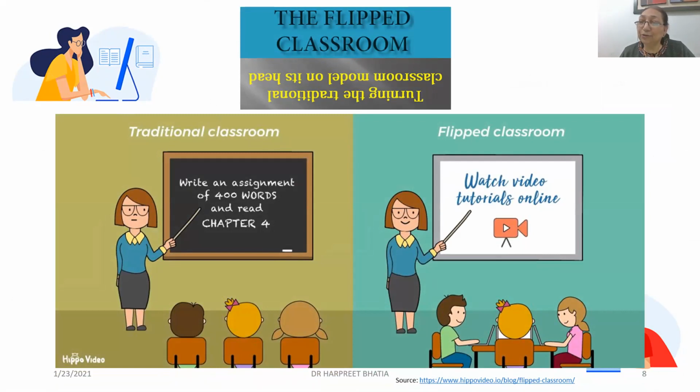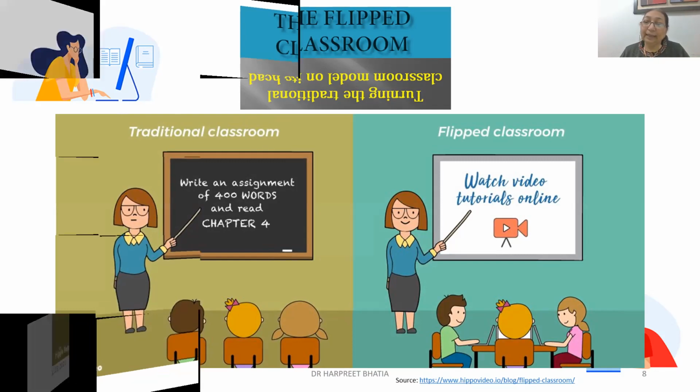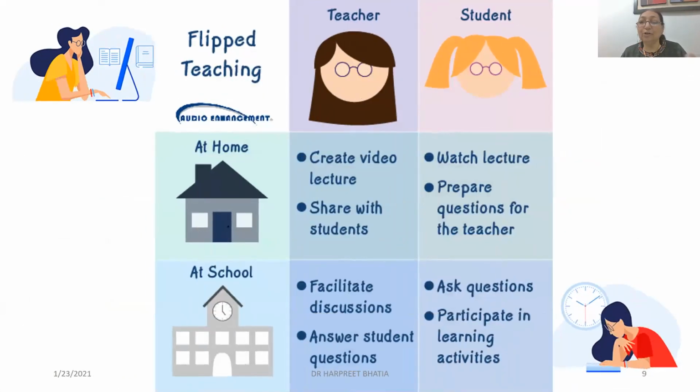In the flipped classroom, the student has already gone through the theoretical components at home. When he comes to the classroom, he learns the application of those components. So the entire process has flipped entirely. What was being done in the classroom is now being done at home, and what was being done at home earlier is now being done in the classroom.